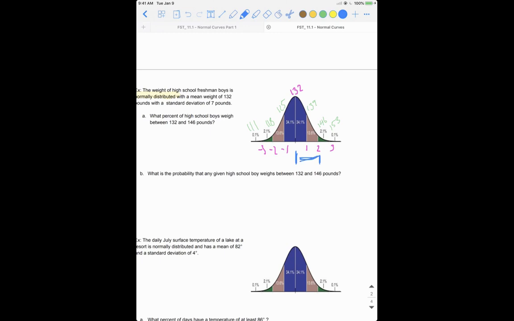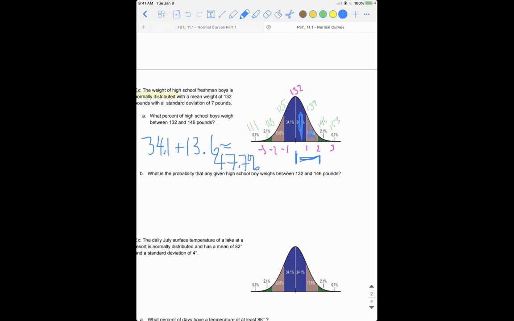We want to go up to 2 standard deviations. So we have 34.1 from this section, and we have plus 13.6 from this section. So 34.1 plus 13.6 gets us 47.7%.